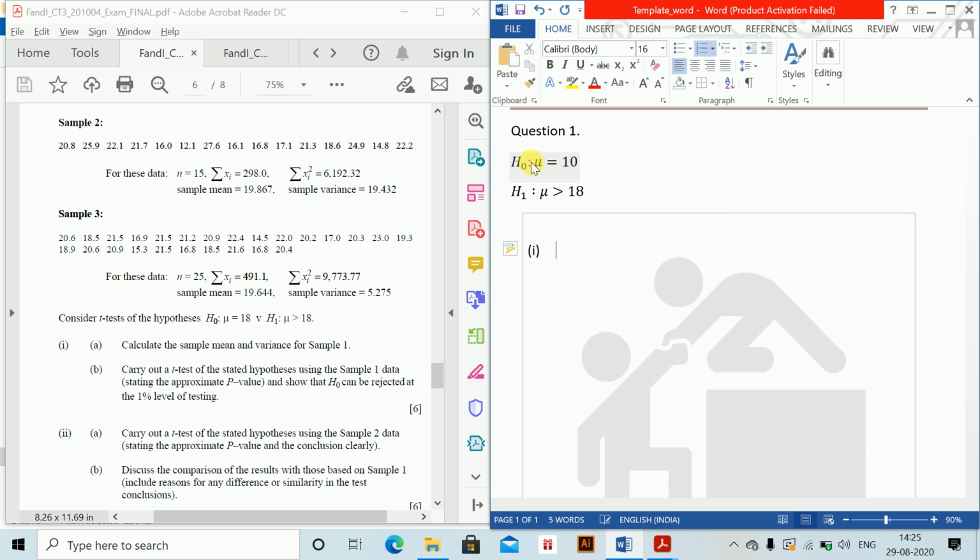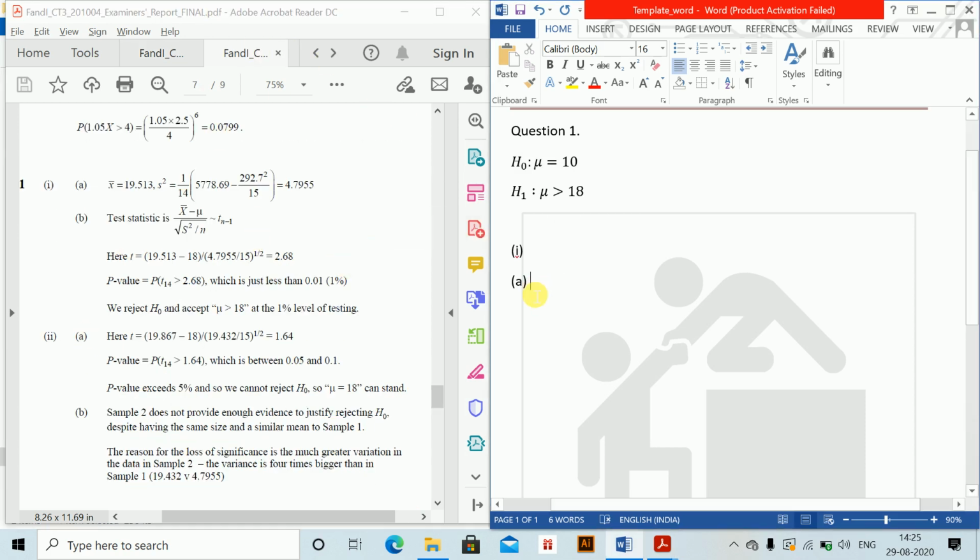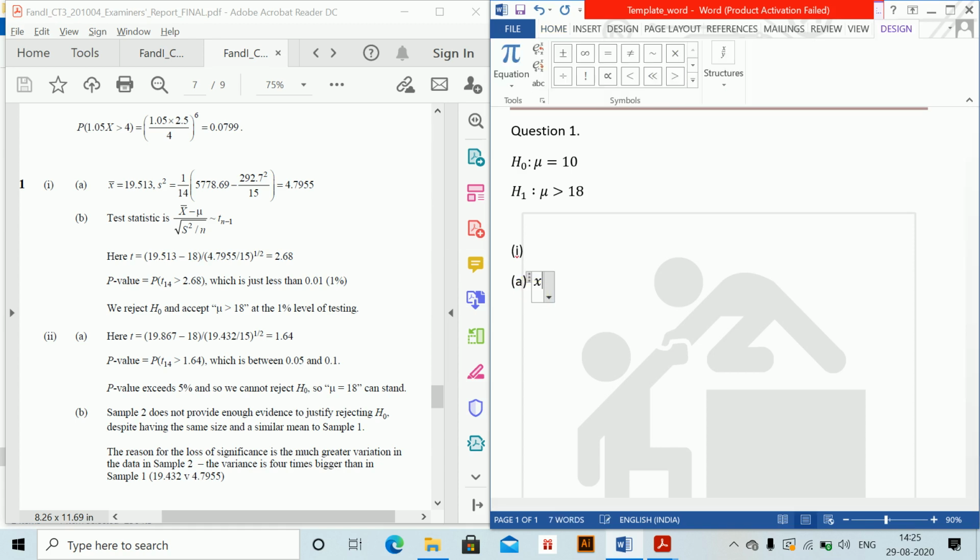Now part 1a is to calculate the sample mean and variance for sample 1. For sample 1 we need to calculate mean and variance. The value will be x bar, and we all know this is the summation of xi's divided by n.